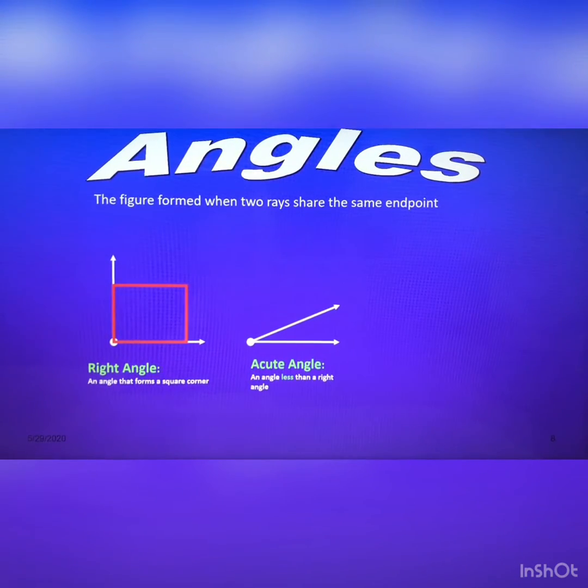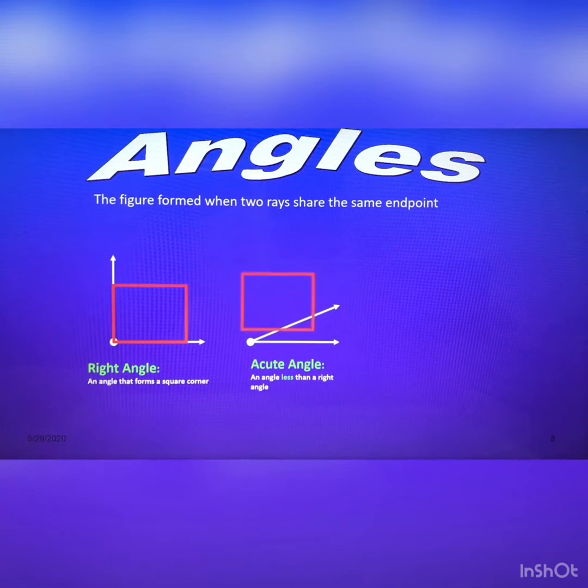The measurement of this angle is less than a right angle, and it has a common end point. So this is again an angle, and this angle is an acute angle, less than 90 degrees, less than the corner of a square.